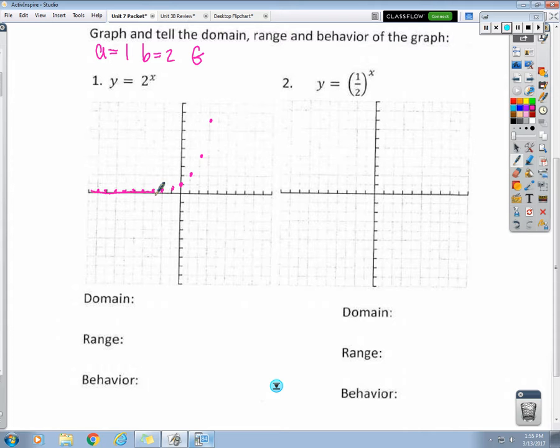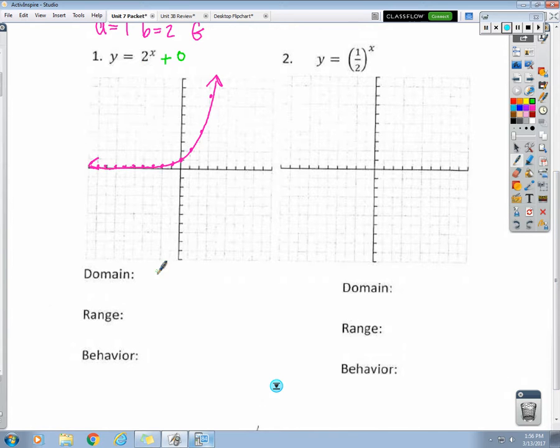Why is it going up from left to right? It's a growth. Why is the asymptote at 0? The K value was 0. It didn't shift up or down, which means the asymptote stayed at the x-axis. Okay, what's the domain? How far left will that go?